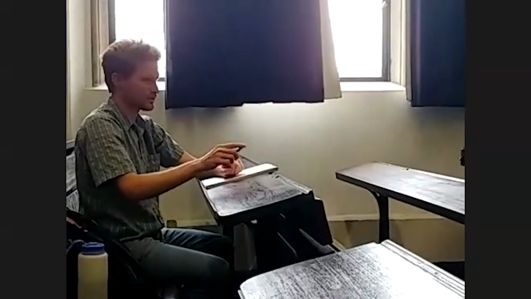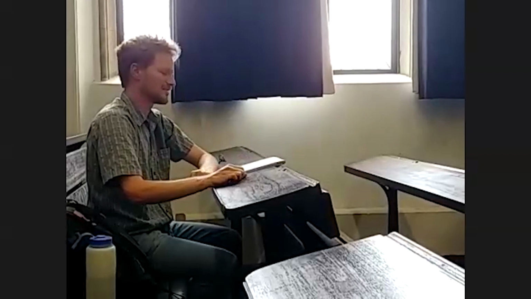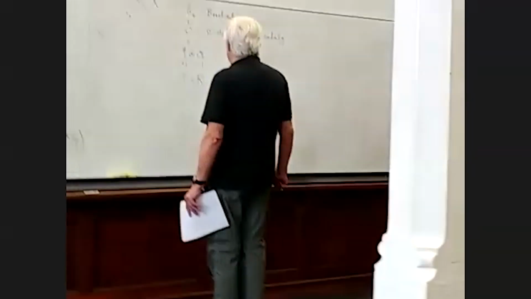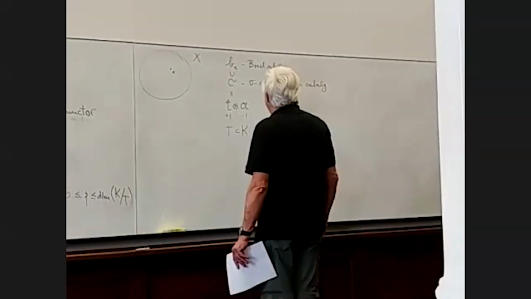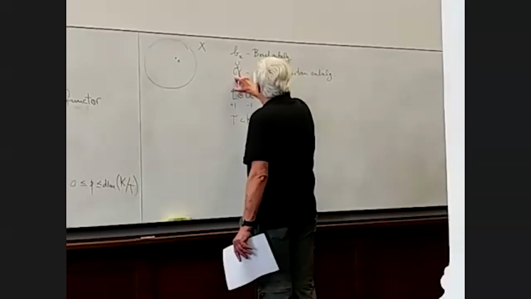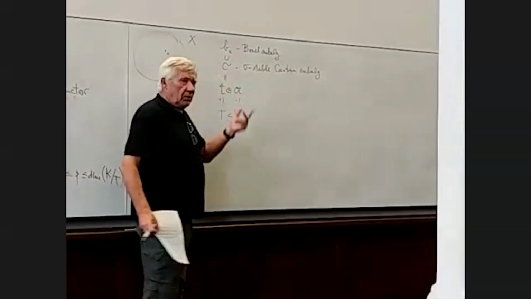Wait, you're taking capital T as the group corresponding to little t, or is it the centralizer? It's the centralizer of the Cartan intersected with K. You mean little t?